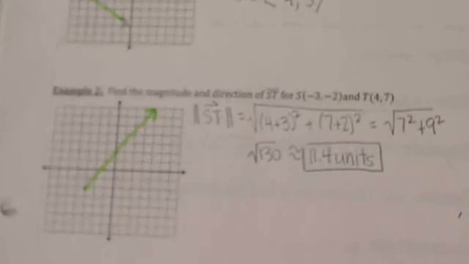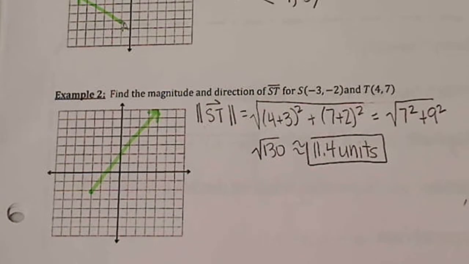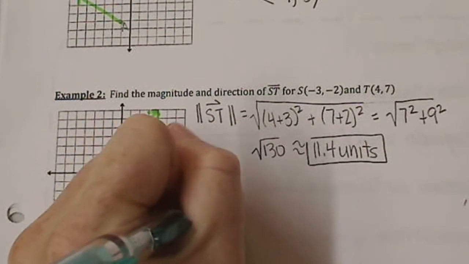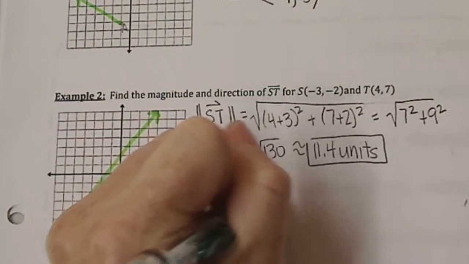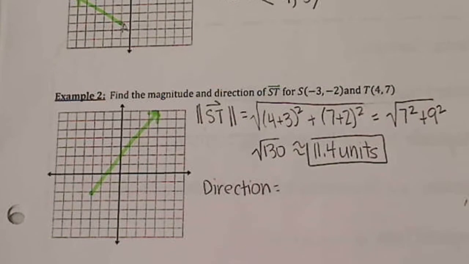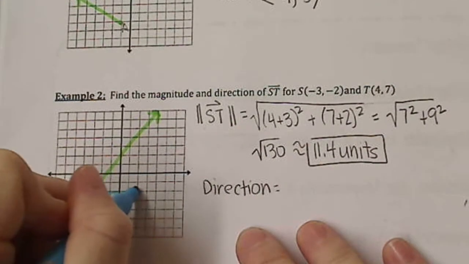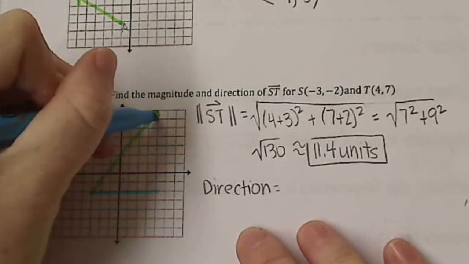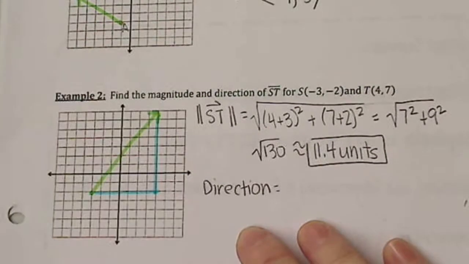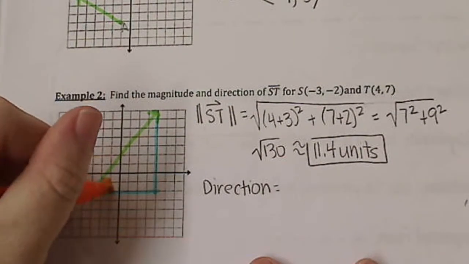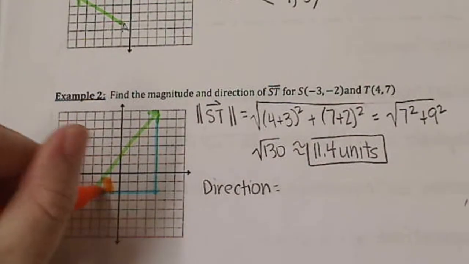Okay? Now remember, the direction has to do with the angle formed with the horizontal line. So in our picture, I'm going to use some highlighters. Here's my horizontal line. And I'm going to draw that so it looks like a triangle, because my direction is this angle down here.